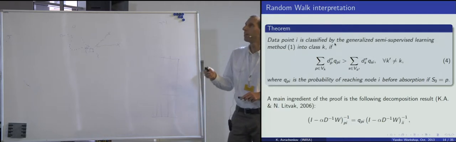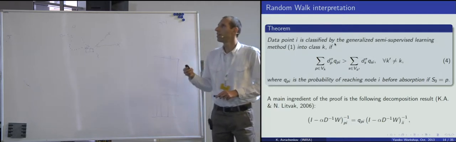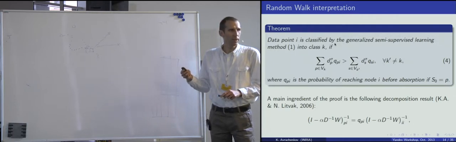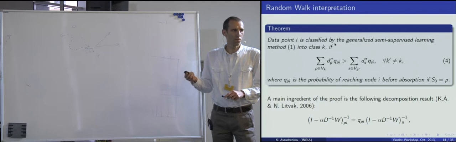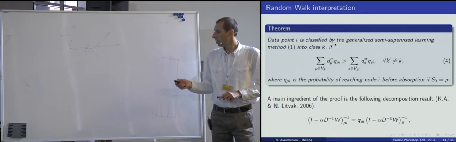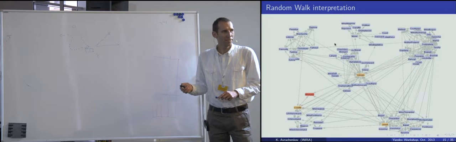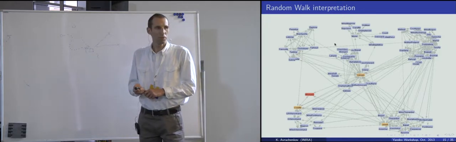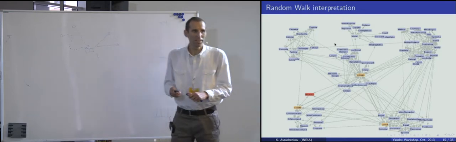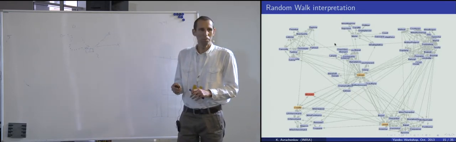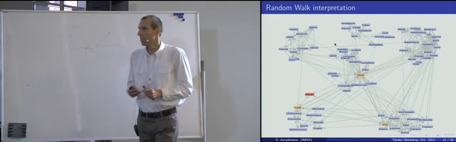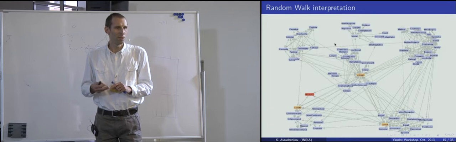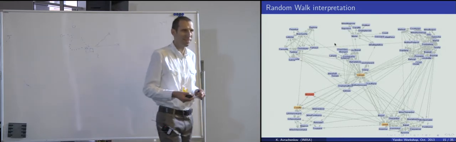Before going a little bit into explaining various implications, and there are quite a number of conclusions we can draw from this result, let me show you an example from a social network. We consider an imaginary social network of characters from the Les Miserables novel of Victor Hugo.